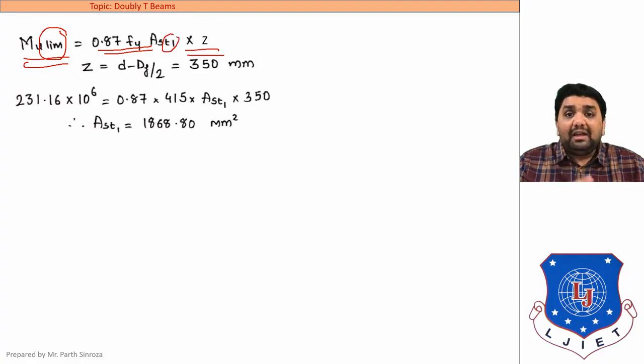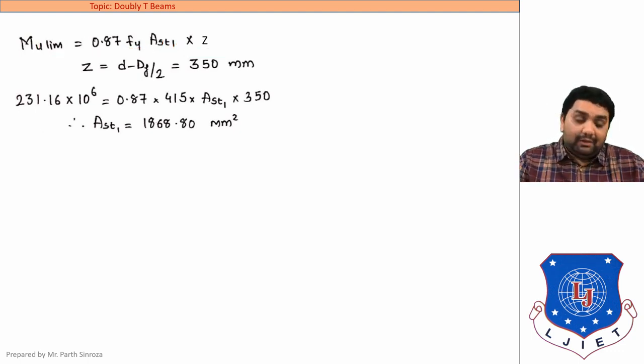There are two parts, Ast1 and Ast2. So the steel that belongs to the limiting portion or singly portion will always be Ast1, and the steel that belongs to the WR portion, that is, if you could remember, the term was Mu2. Yeah? So the steel pertaining to the Mu2 will be our WR portion, that is Ast2.